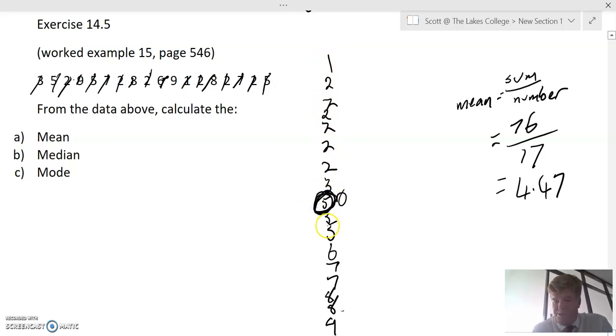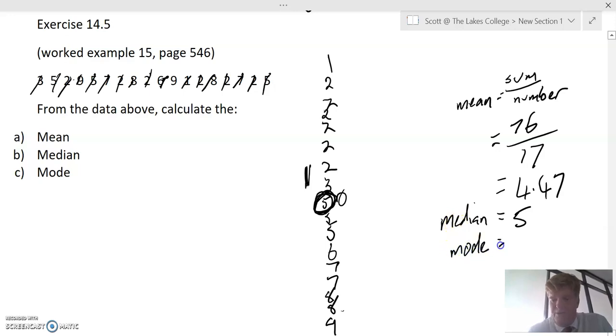Remember, if the middle value is between the 2 and the 3, we take an average and call it 2.5. In this case, though, the median, the middle value, equals 5. The data's also got to be in order to do that.